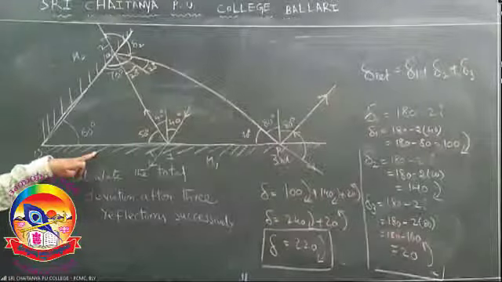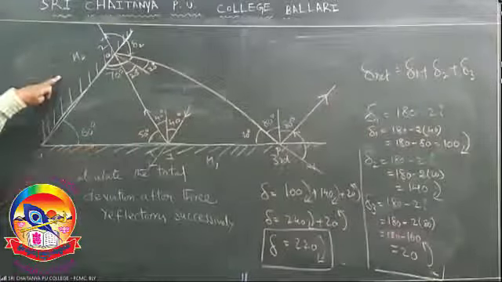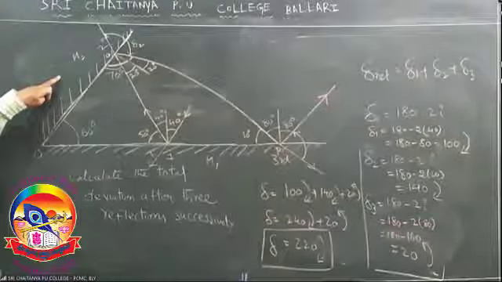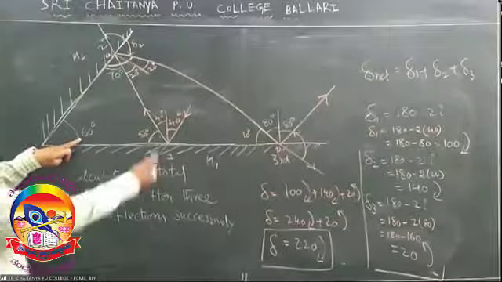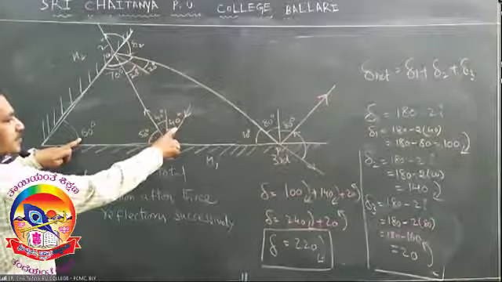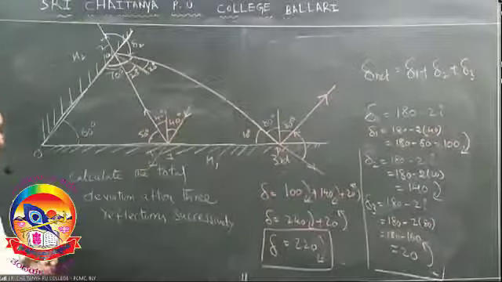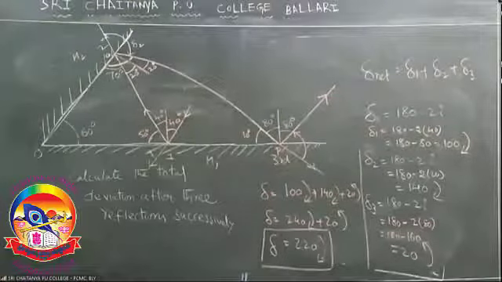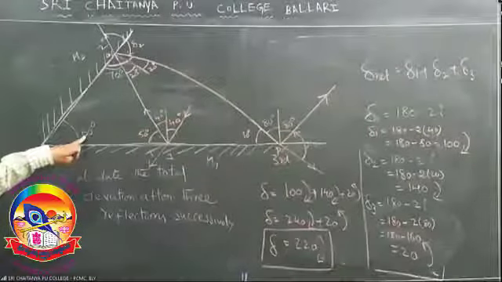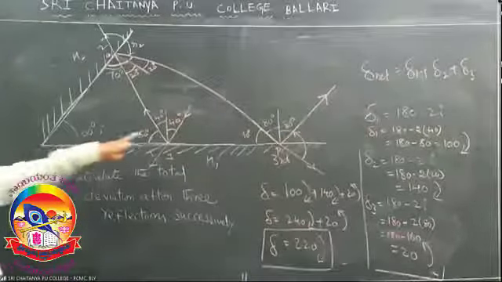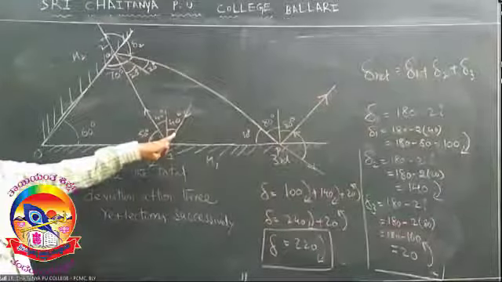First mirror, second mirror. The angle between the two mirrors is 60, and the angle of incidence on the first mirror is 40.